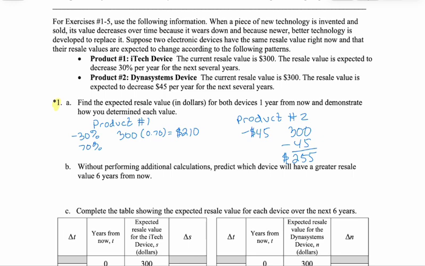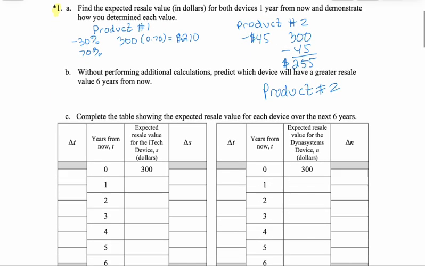Anybody have an idea which one they think is going to be worth more in 6 years? The second one, okay. So product number 2. I agree, even just looking at what we see there, it's looking as if product number 2 is going to win the race, okay? So now that we've thought that through a little bit, it looks like product number 2 might be.